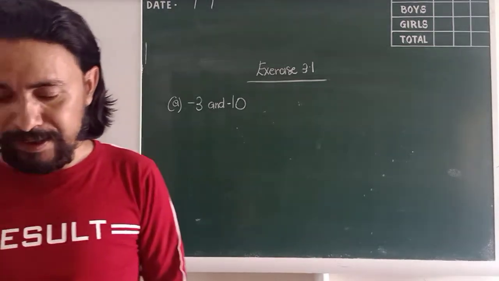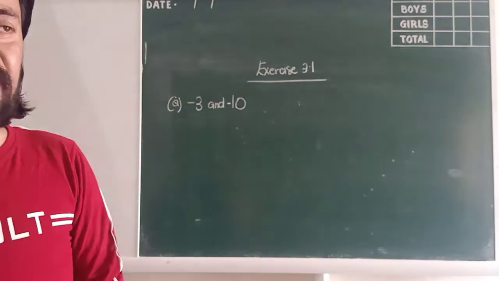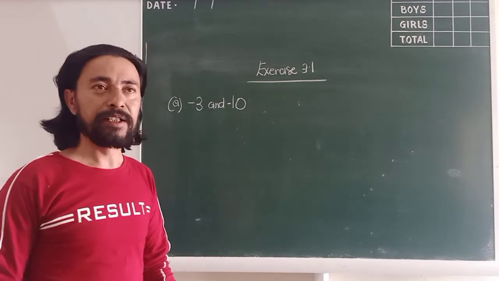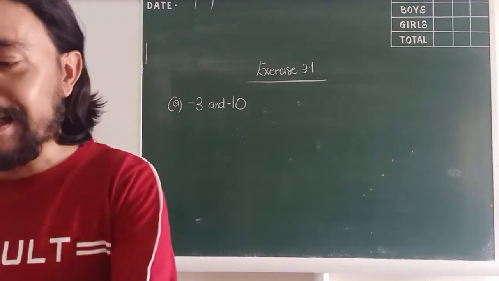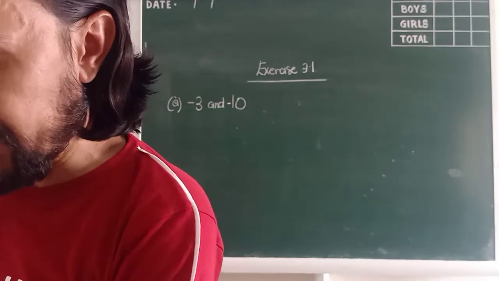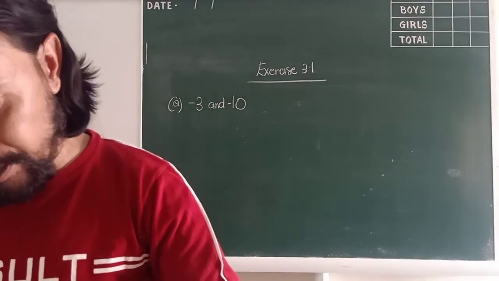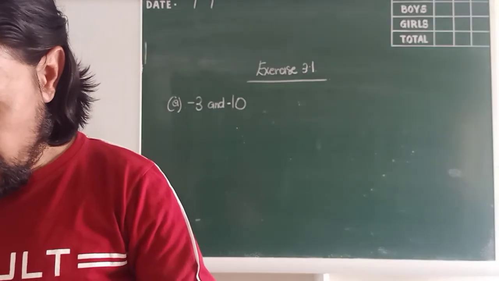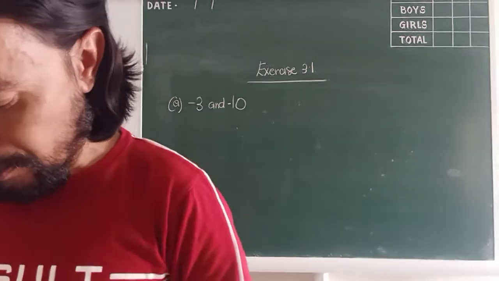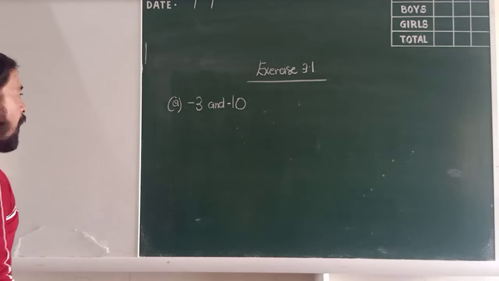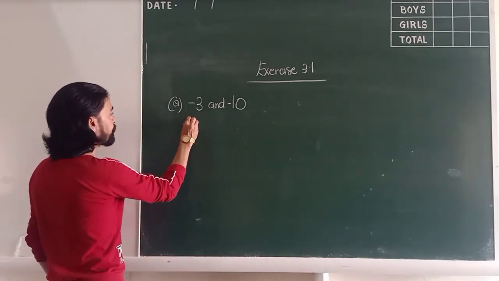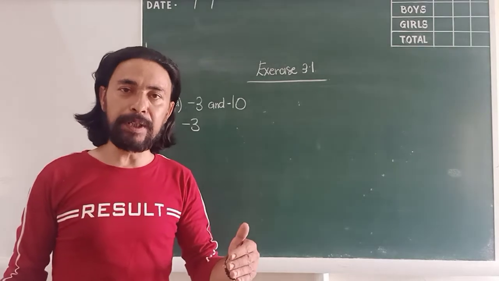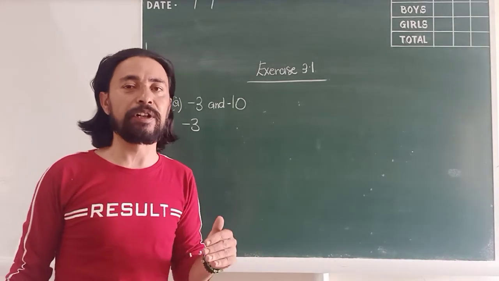-3 and -10 in decreasing order means every time I write a number, the value should decrease. The value should not increase. So, I start with -3 and I have to write the numbers in decreasing order.